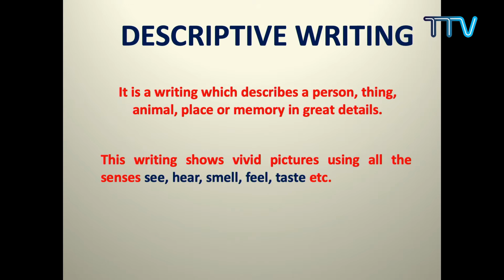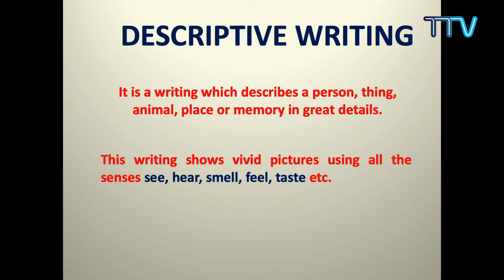I also told you in this descriptive writing, it's very important for you to show vivid pictures, not just tell. I told you the difference between telling and showing. You should show vivid pictures using all the senses. What are the senses? Hearing, smelling, seeing, feeling, taste, all these.